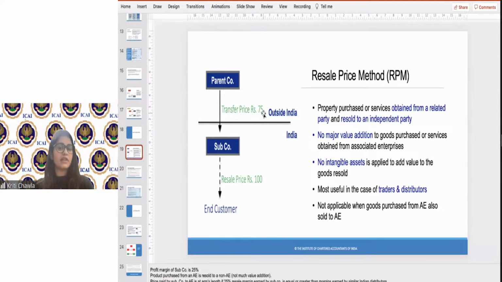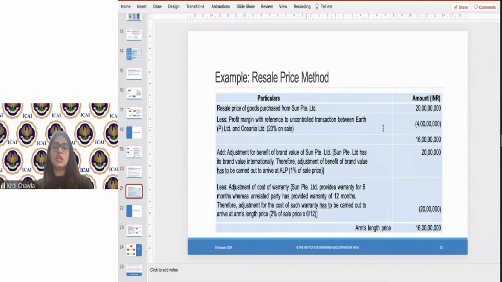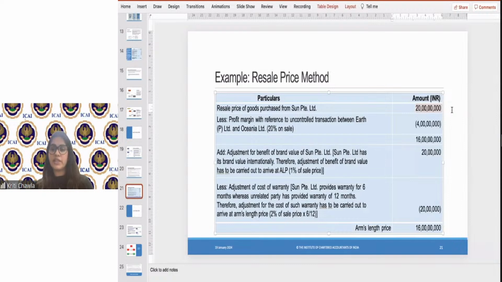Is 75 correct or not? Because this is where we need to substantiate that this is at arm's length. So what we'll do is 100 resale price minus an arm's length margin. Even in this question, we took the resale price, which was 20 crores, minus arm's length margin.